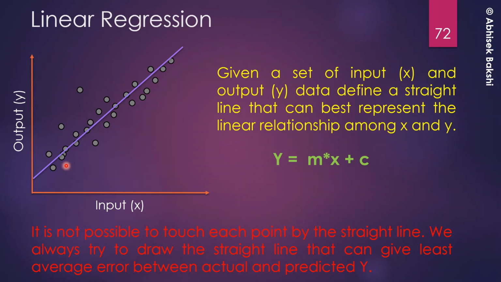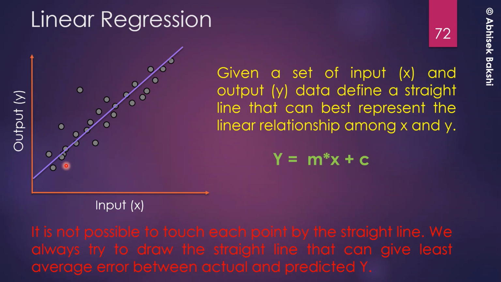Because it is on a 2D plane. So that's why it's given over here: given a set of input x and output y, define a straight line that can best represent the linear relationship among x and y.